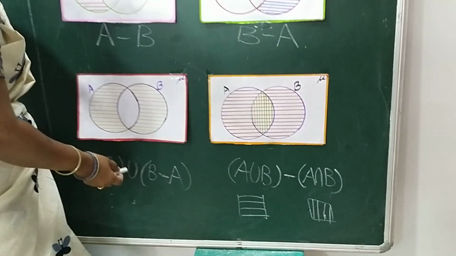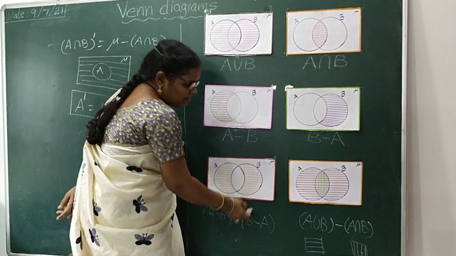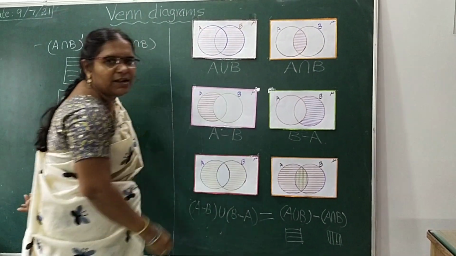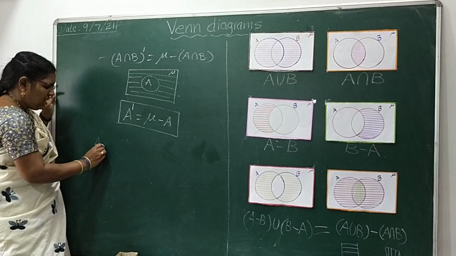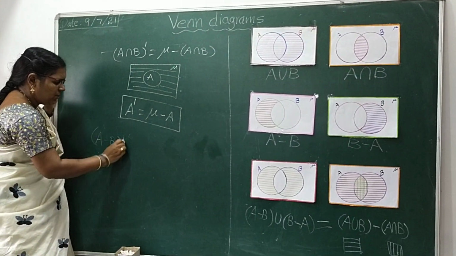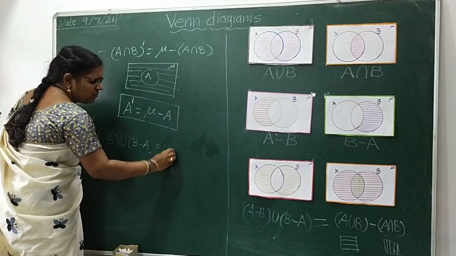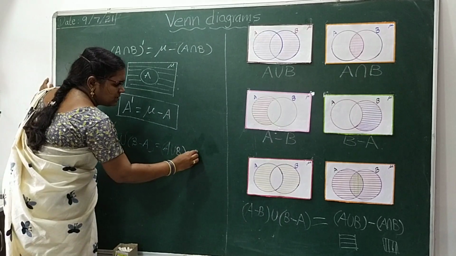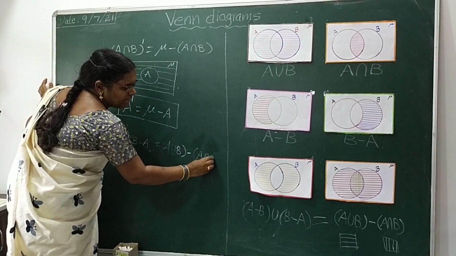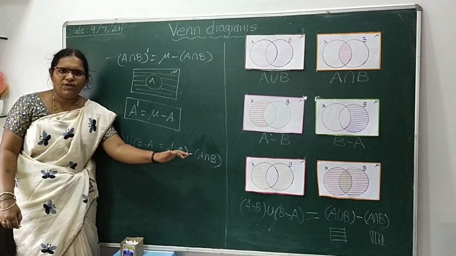That means this one and this one both represent the first and third parts. That means these two are equal. Then what statement do we get? A minus B union B minus A is equal to A union B minus A intersection B. This is one statement we get from the Venn diagram.